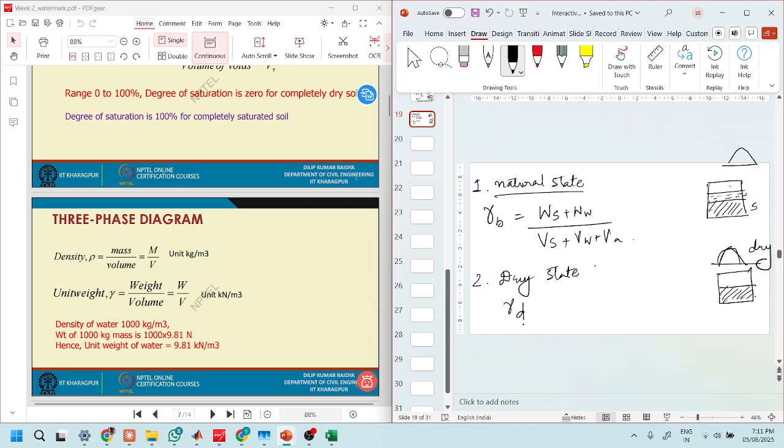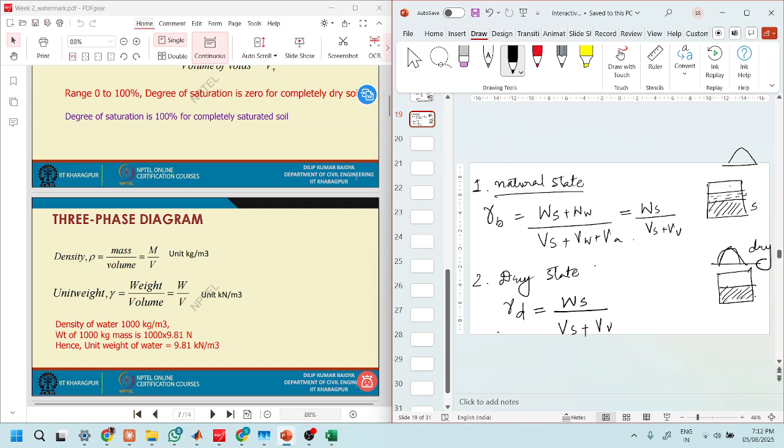Now I will not have any weight of water or volume of air. It only has solids and voids. The gamma D will be weight of solids over volume of solids plus volume of voids.